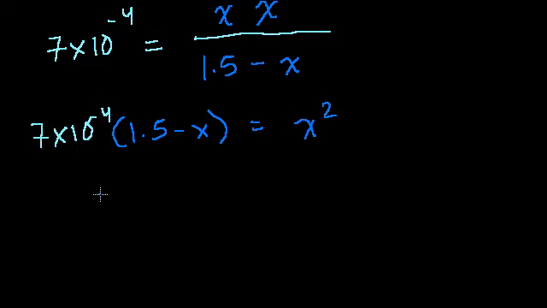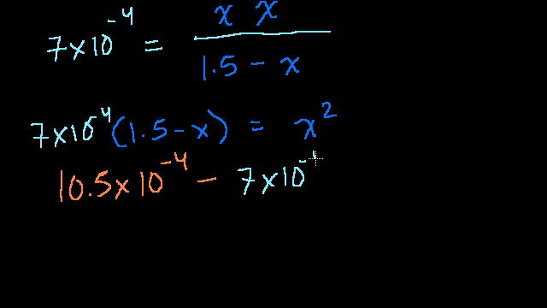Then if we multiply 7 times 10 to the minus fourth times 1.5, that's 10.5, so we have 10.5 times 10 to the minus fourth, minus 7 times 10 to the minus fourth X, is equal to X squared.